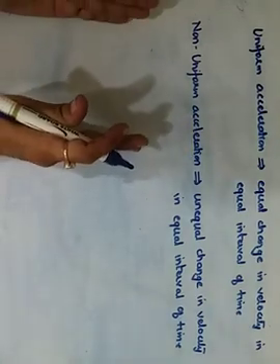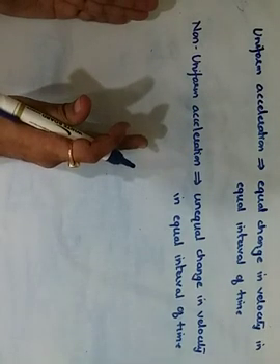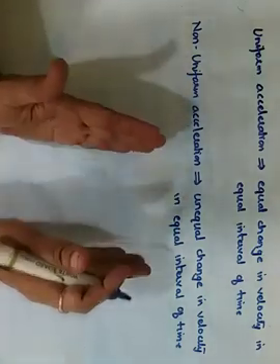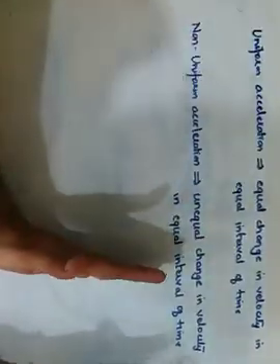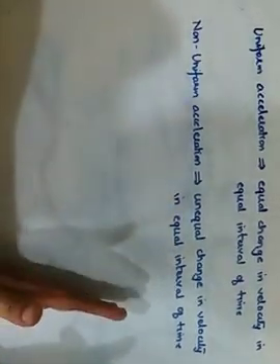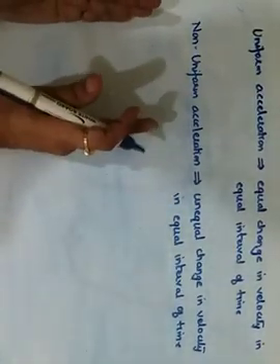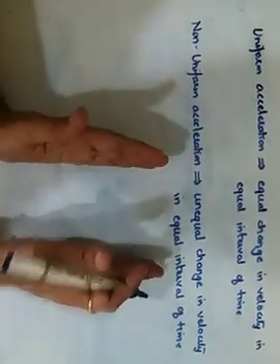For example, here the difference v minus u is something, and here v minus u is different from the first one. So at each interval, though the time may remain the same, 10 seconds, 10 seconds, 10 seconds, the difference v minus u is different each time.